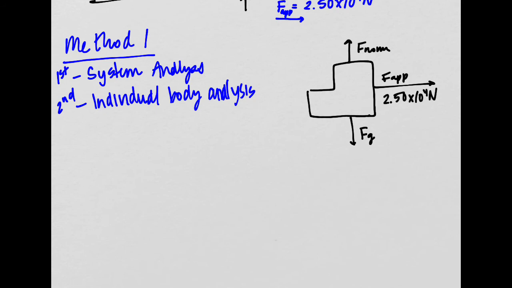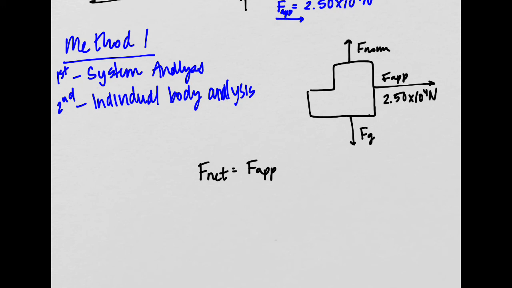So from this, what can we say is the net force? Well, we're not looking at these, right? We only look at the horizontal forces because there's only horizontal movement. So the net force is going to actually just be equal to the applied force in this situation, right?